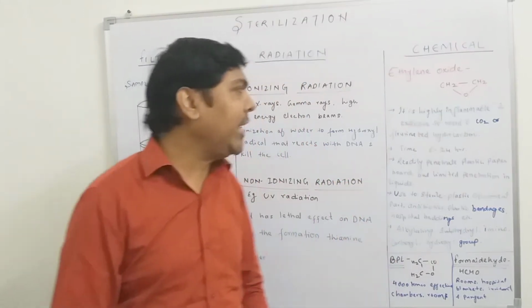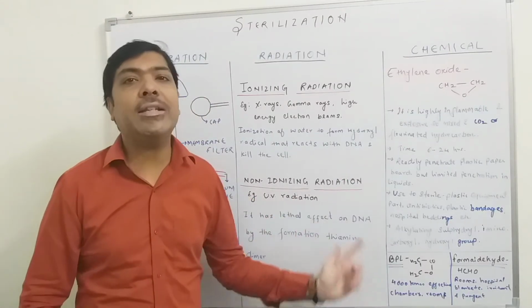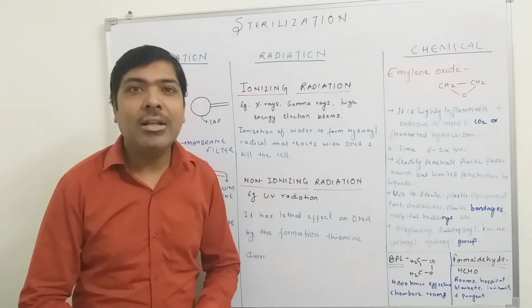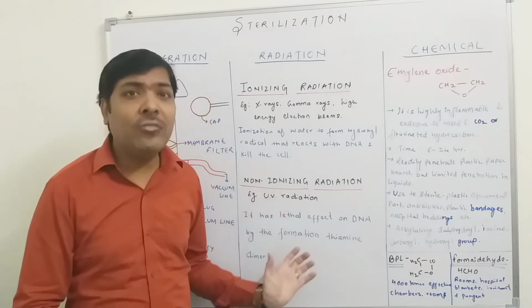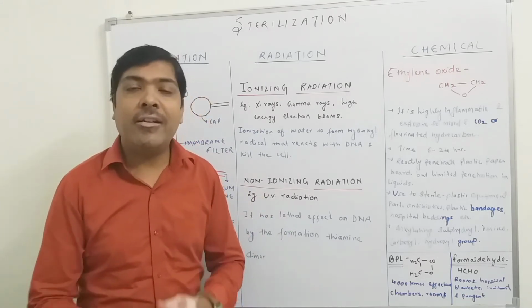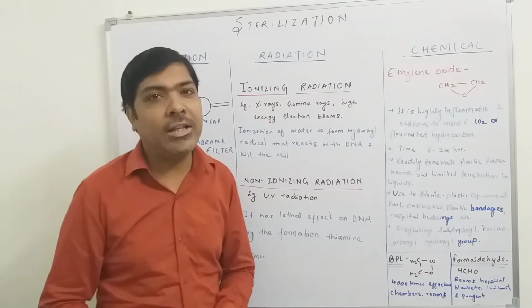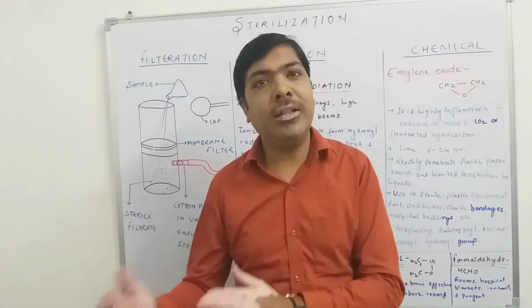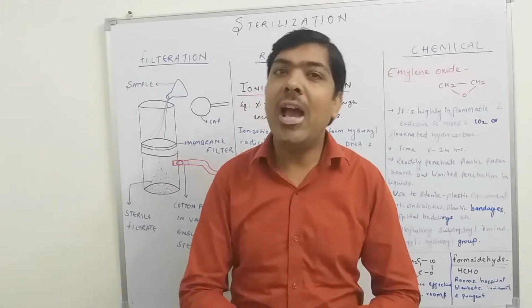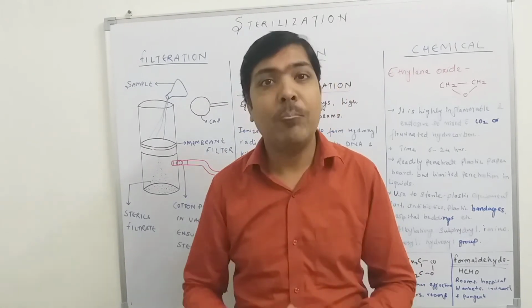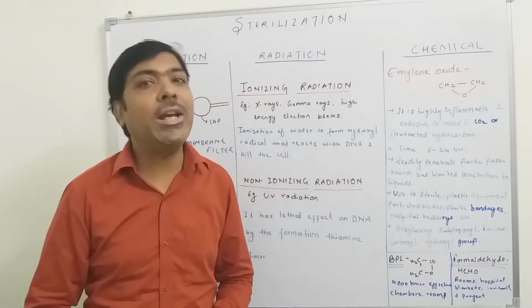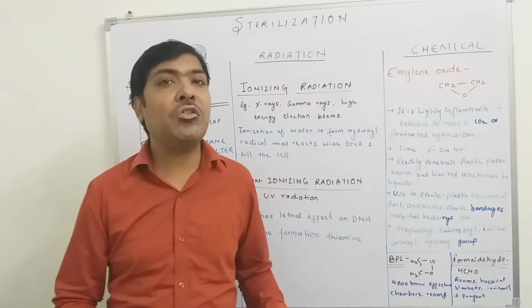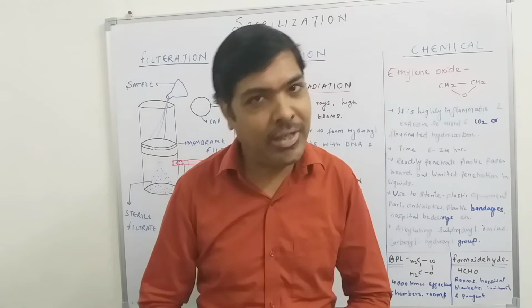But because of the exposure to this non-ionizing radiation, what will happen? The thymine in the DNA reacts with neighboring thymine and results in the formation of a thymine dimer. Normally, thymine is bound with the adenine base, but because of exposure to ultraviolet radiation, a thymine dimer forms.